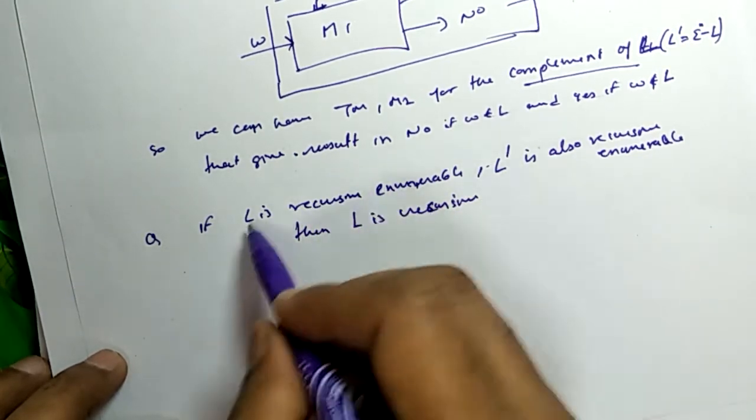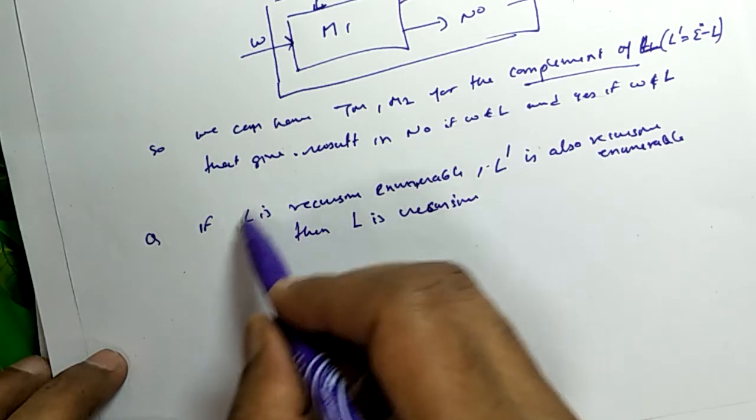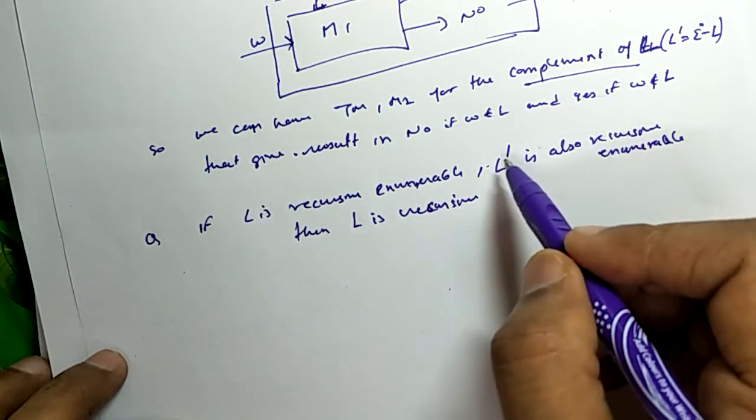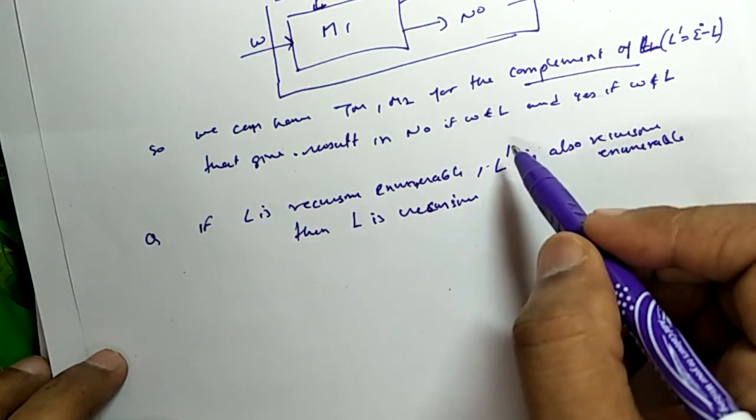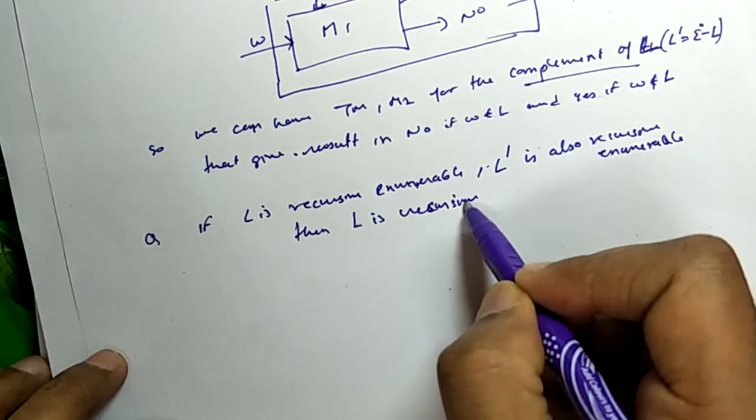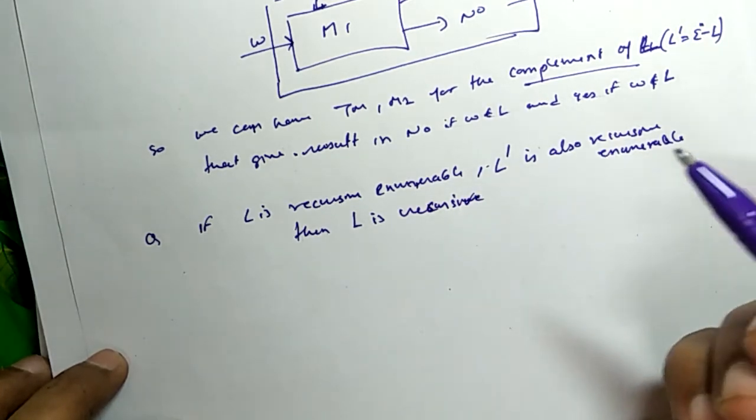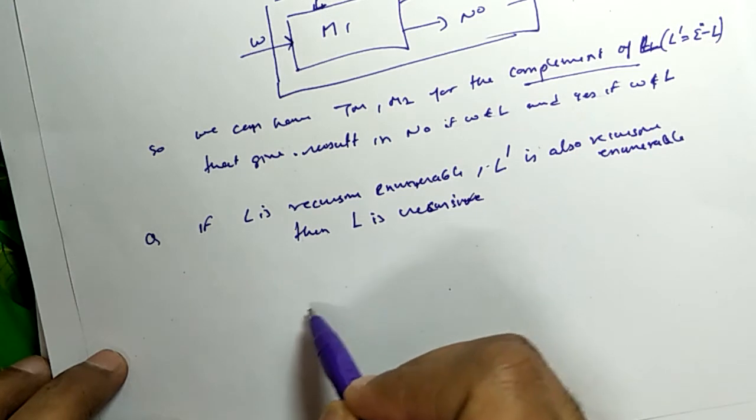So the TM halts for inputs that belong to L and the TM halts for inputs that belong to L bar. It means that the TM is always halting, so there is no loop. We will always get an answer in yes and no.